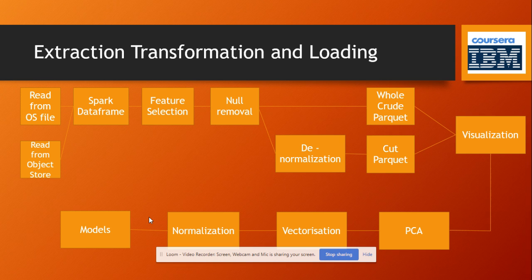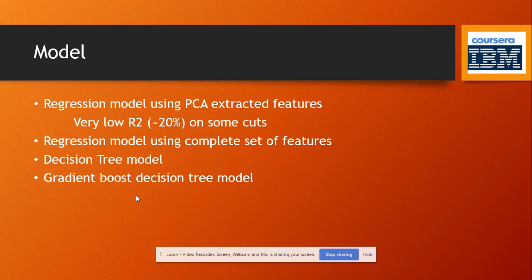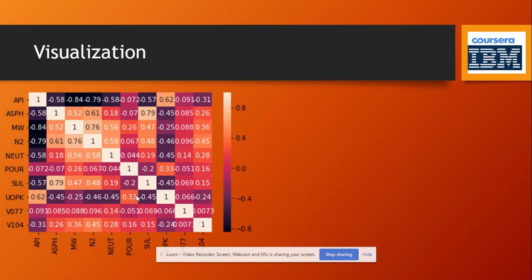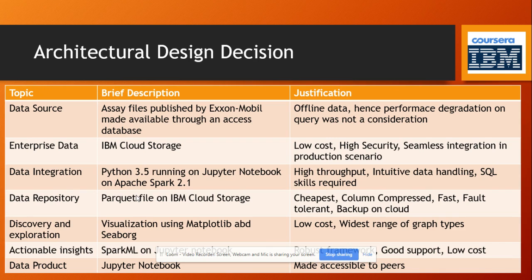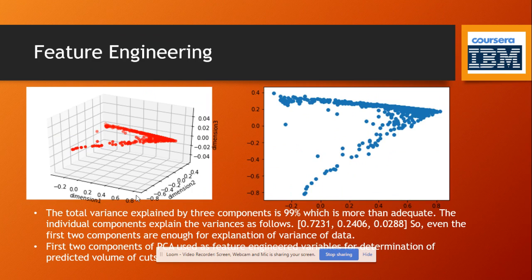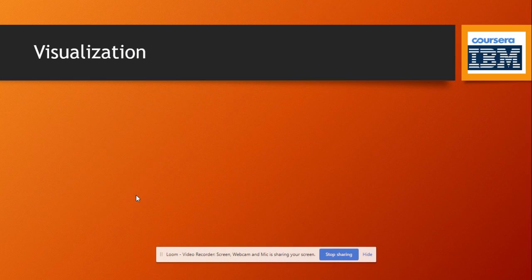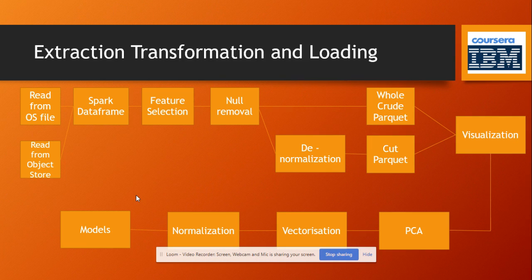So now let us see the different parts of this. Let us try to see the data pipeline. The first step involves reading the data. There were two sources of data because one file was quite large.